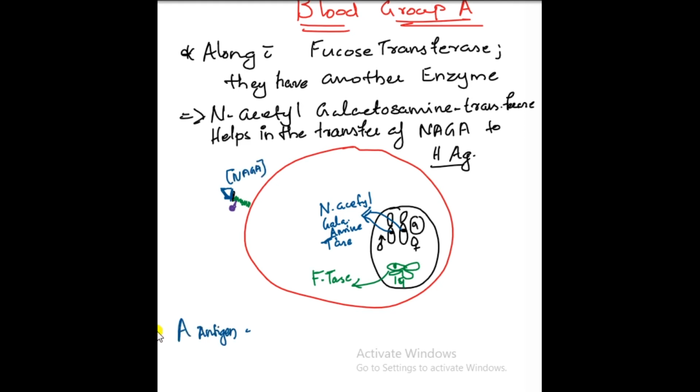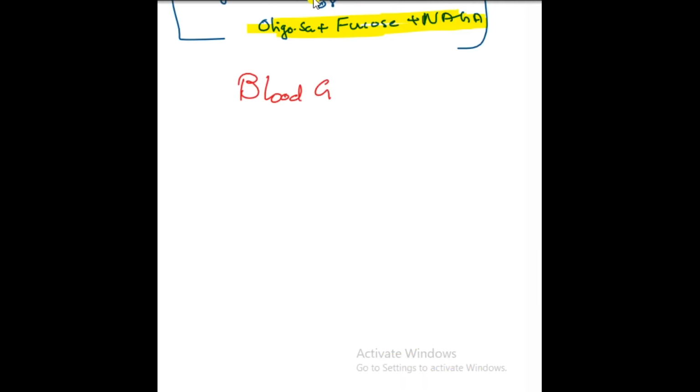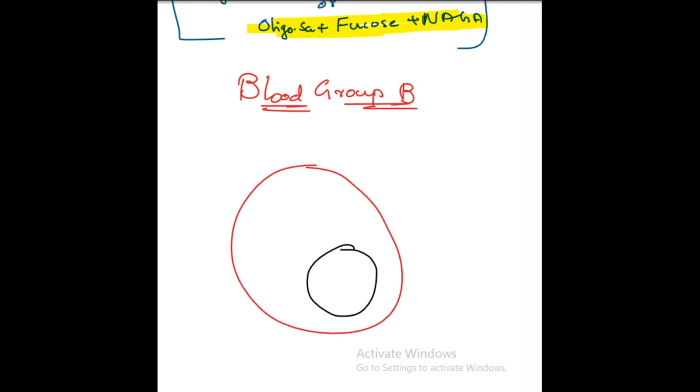So they transfer the substance N-acetyl galactosamine to the H antigen. So A antigen is composed of what? H antigen plus NAGA. Oligosaccharides plus fucose plus NAGA is known as A antigen. I think this concept is clear for you, right? This enzyme is also known as transferase A.